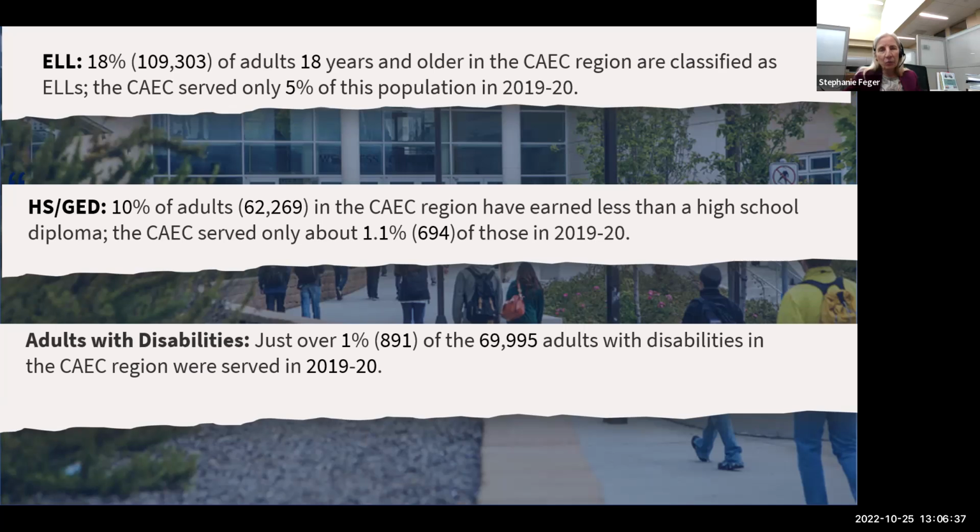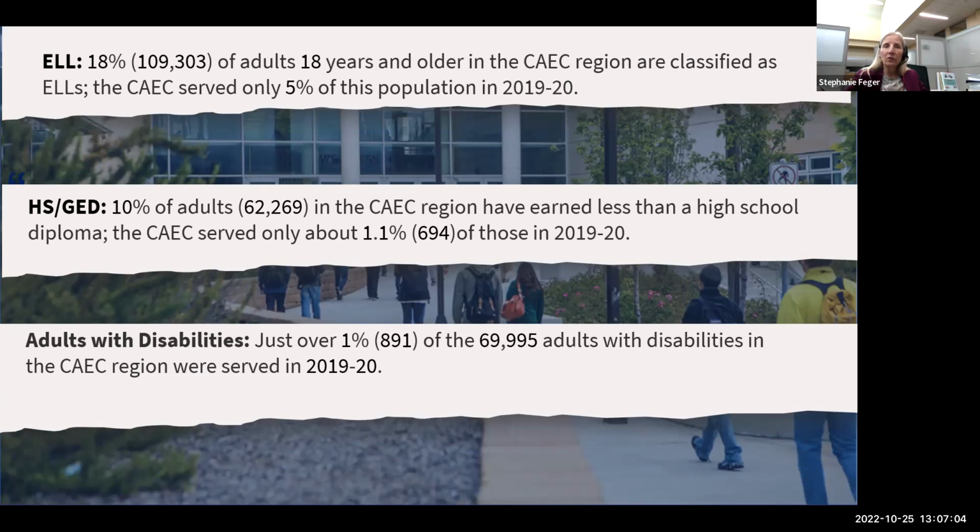As we all know, higher education took a big hit during the pandemic, particularly the decline in enrollment at community colleges. But some of the biggest gaps were among adult learners, first generation students, and students of color. This is some of the data we're really trying to tackle in terms of addressing gaps.